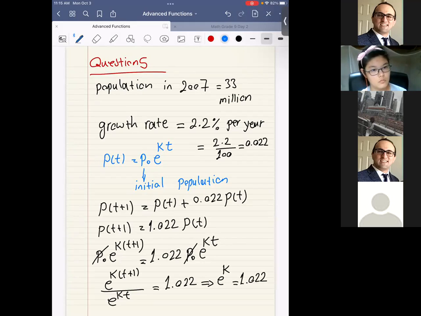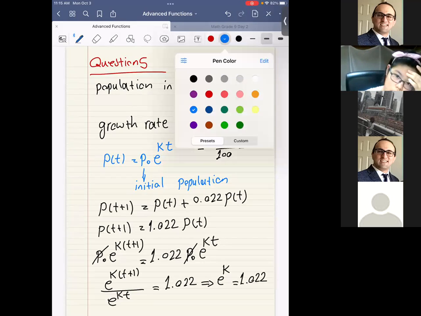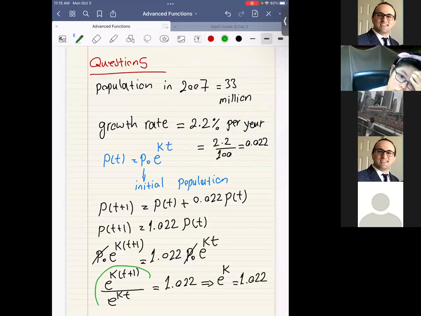So e to the power k is 1.022. Okay, so we got it.